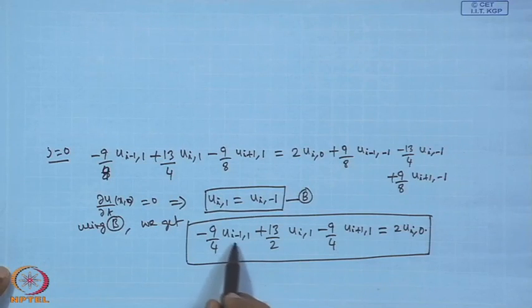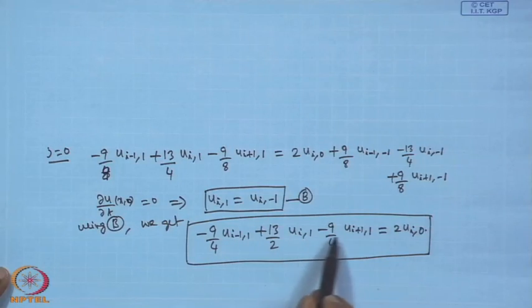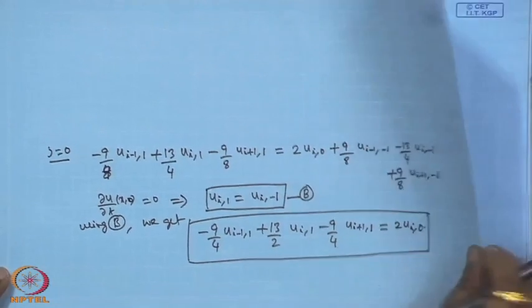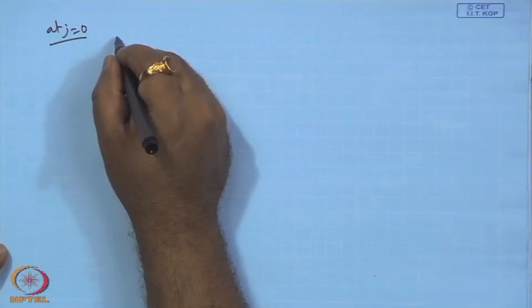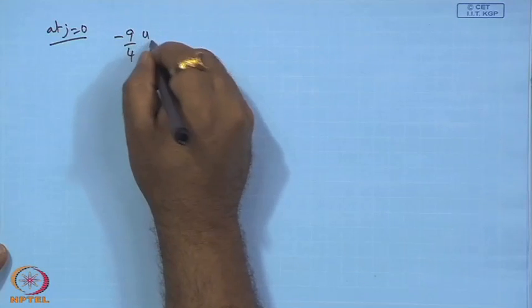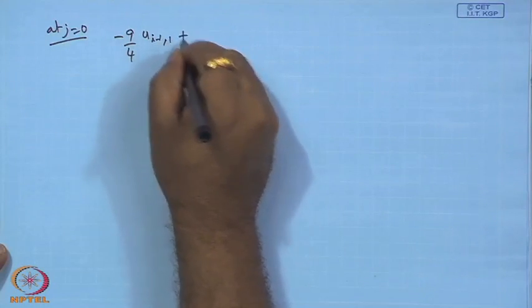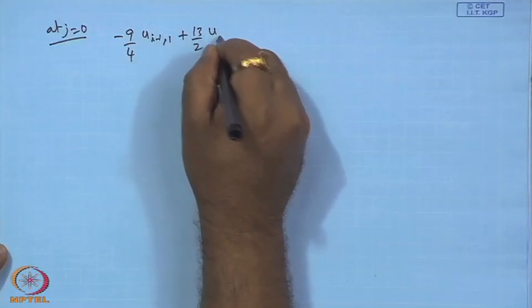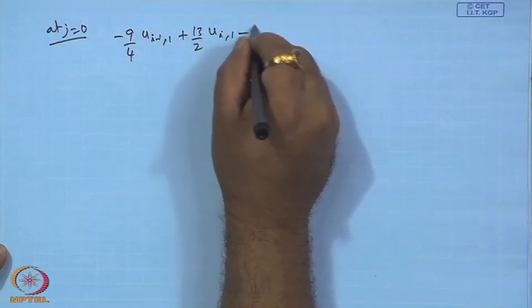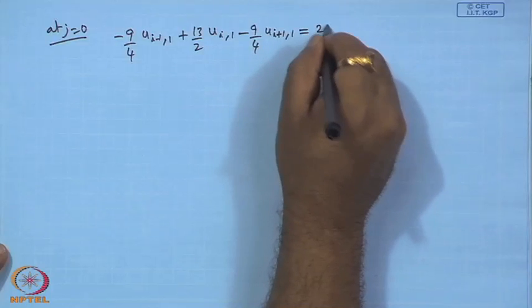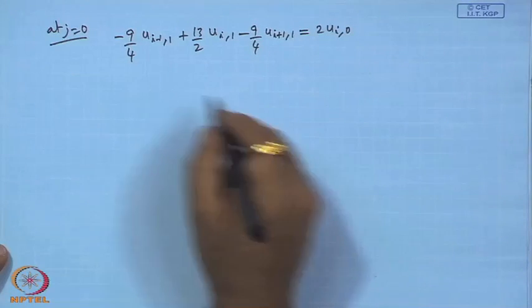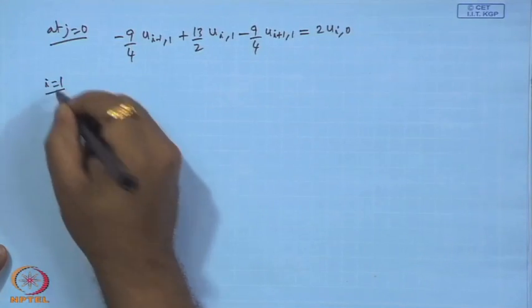So, now we get at each grid point at time level 1. Okay. So, we use this. So, therefore, at j equals to 0, we have, okay. So, now we have to run at each grid point.